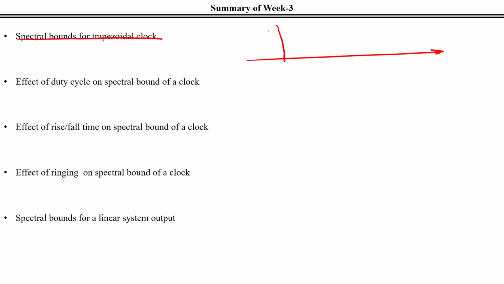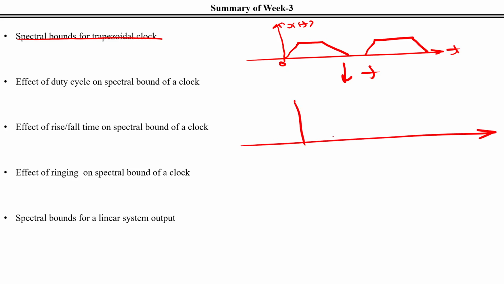Let's say we have a trapezoidal clock, or a pulse train with trapezoidal signals. So it's a periodic pulse. Let's say this is our x of t, and this is the time axis. Now if we want the spectral contents, we need to convert it into the frequency domain.